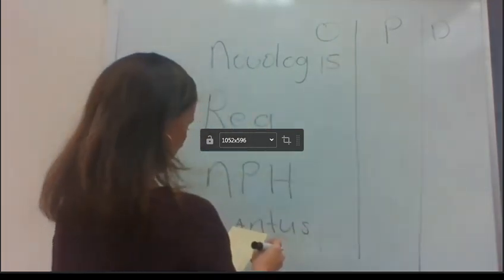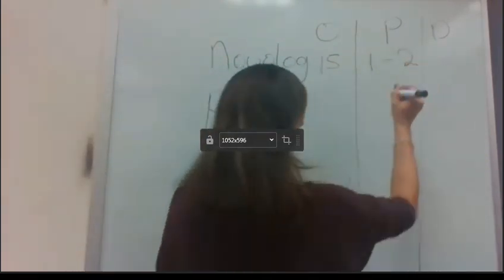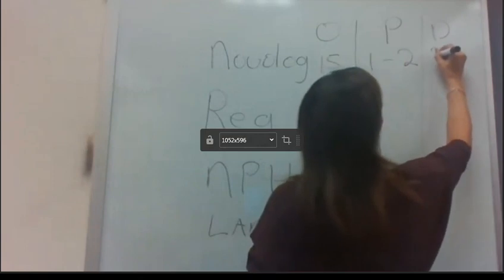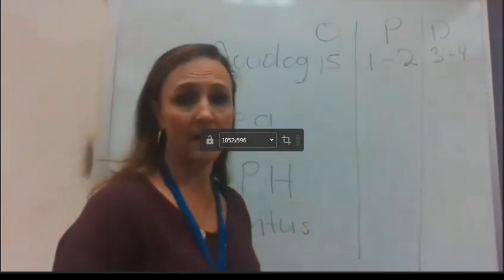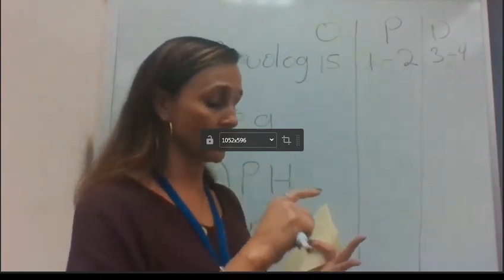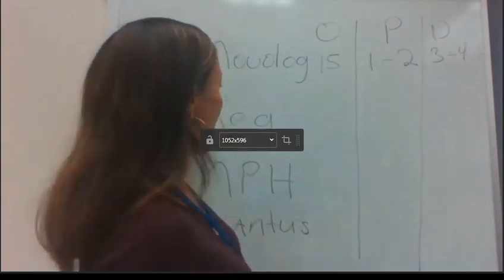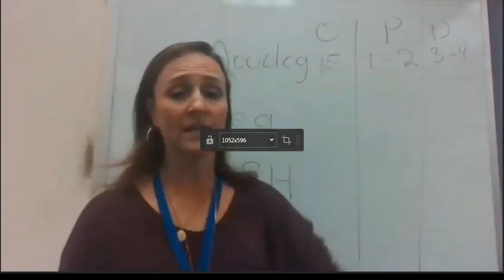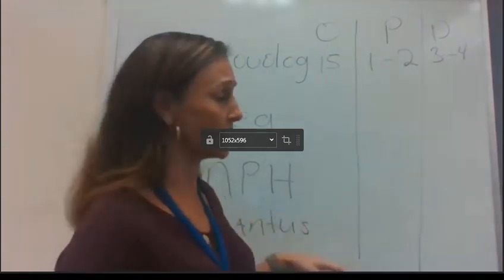The peak is going to be between 1 to 2 hours, and duration is going to be 3 to 4. I am Novolog. I am the fastest of the whole group. I am faster than Brian, Yolanda, and Sandra. I come in fast to the party, and I leave the party fast. That's how I'm going to have y'all remember it.